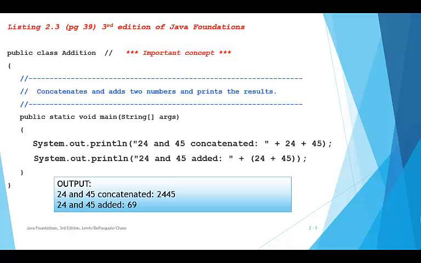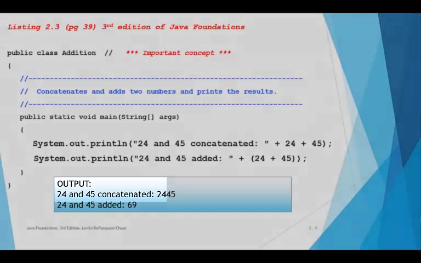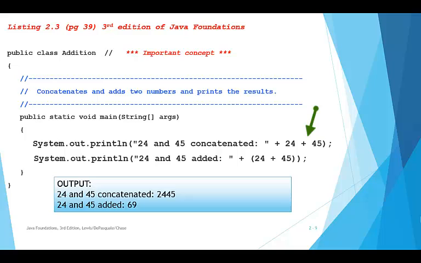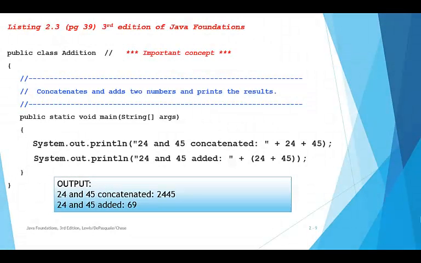Once that has been appended, now we have a bigger string that reads "24 and 45 concatenated is 24". The plus sign, 45, then appends that number to the string as well. And so the output, may be a little surprising, is absolutely just string concatenation because we're working left to right with the plus operators.